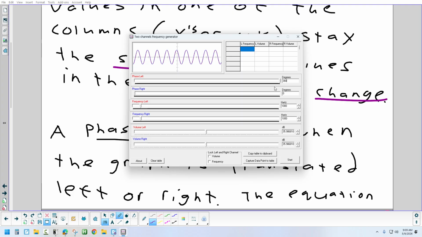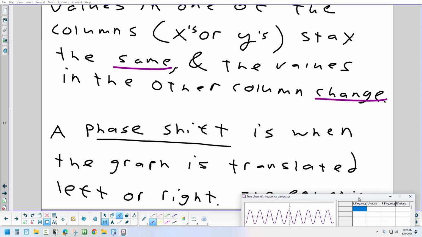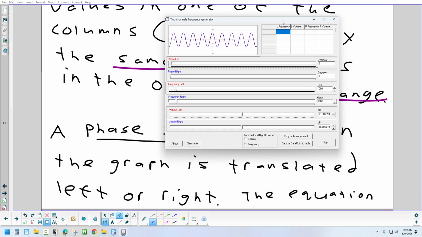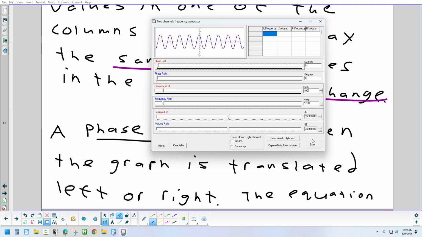So if I were to play that sound, or I were to play this sound, putting it back, you wouldn't hear any difference between the two, because it was shifted one full cycle and the picture lined back up where it started. But that's what a phase shift looks like. So it's when the graph is translated left or right.